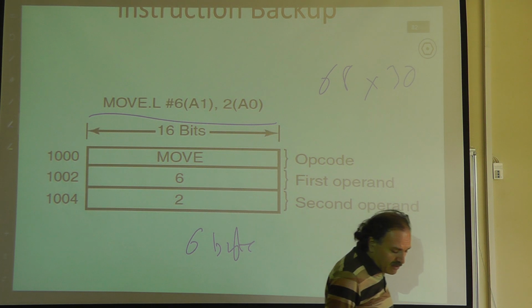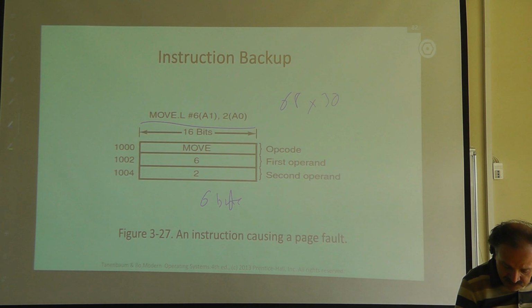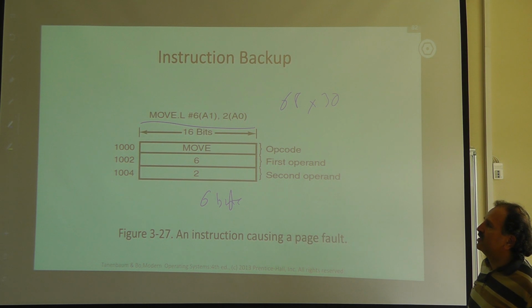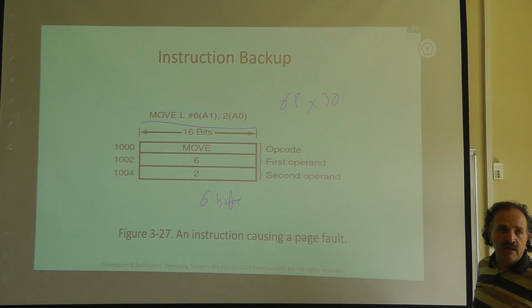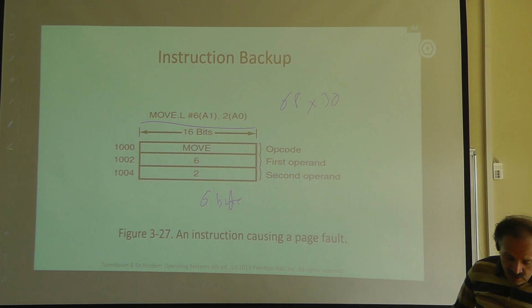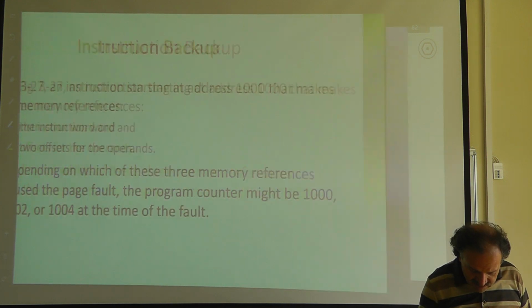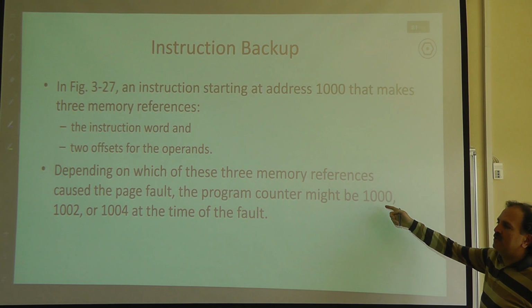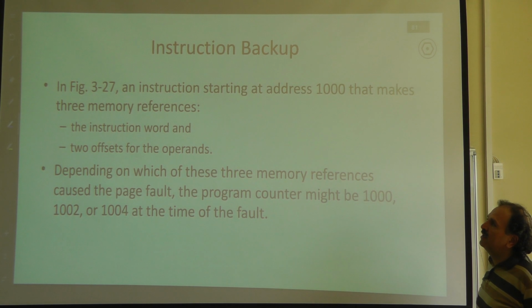By looking at the program counter, you need to know which part of this instruction caused the page fault, so that you know the page number that caused it. Knowing which page causes this page fault is important, and it's complicated. Depending on which of these three memory references causes the page fault, the program counter might be 1000, 1002, or 1004 at the time of the fault.